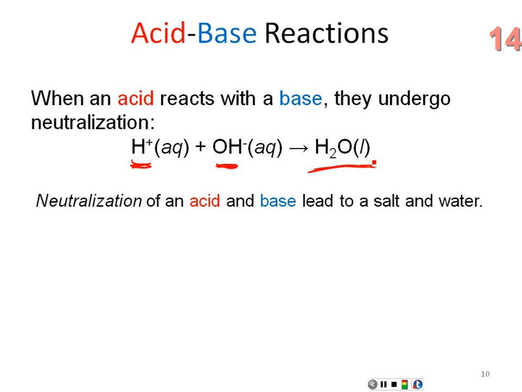In the real world, you need counter ions. The H+ needs a counter ion. The acid and the OH- need a positive counter ion. So in real world acids and bases, when they neutralize, it leads to the formation of a salt and water. And let's see an example of that.